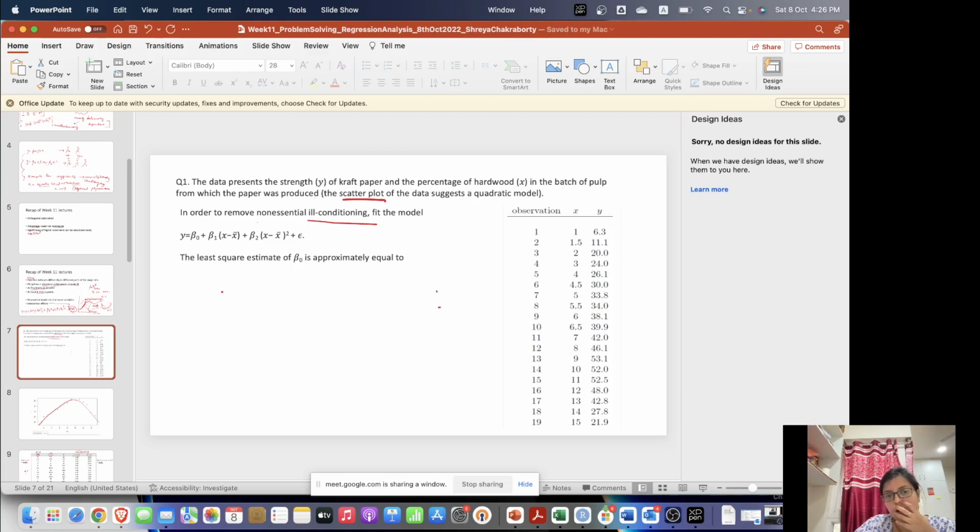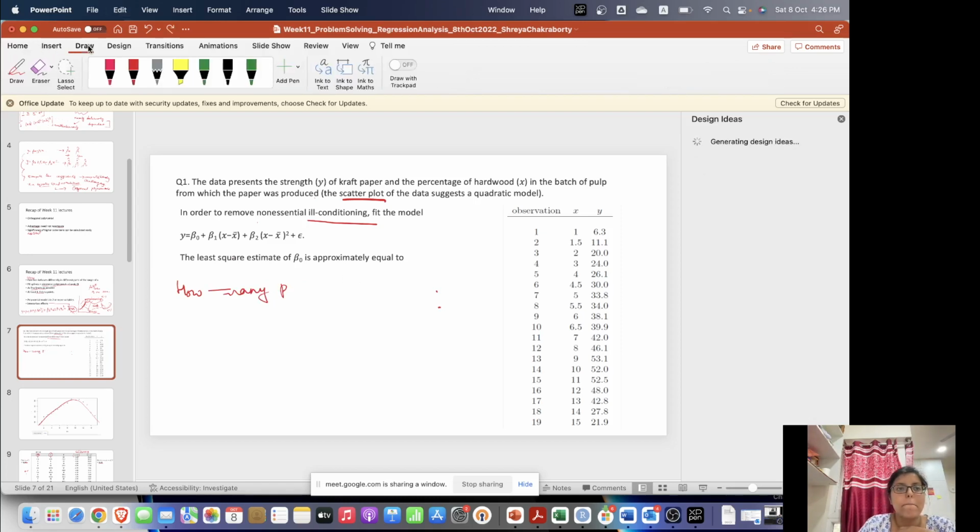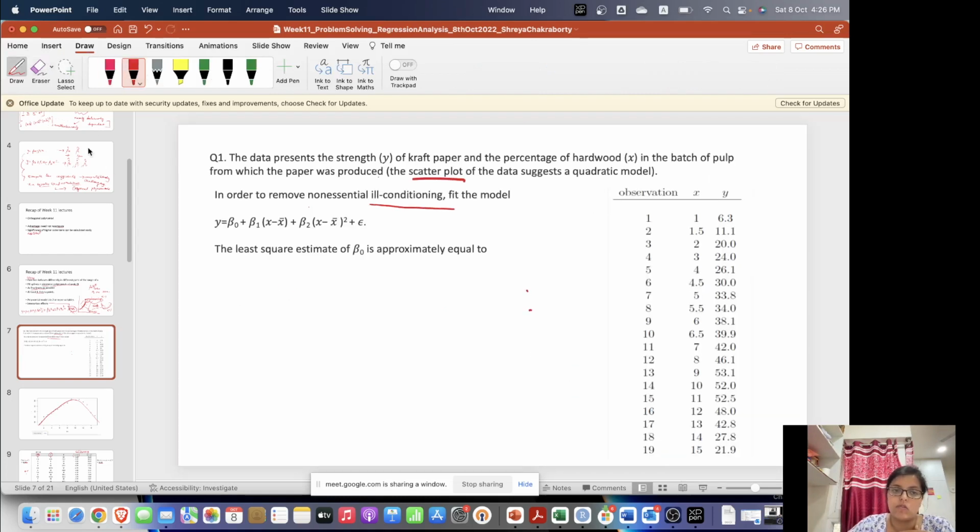All polynomials. So how many polynomials do you think we should need? 3 polynomials. Okay, so you are saying we need 3 polynomials.